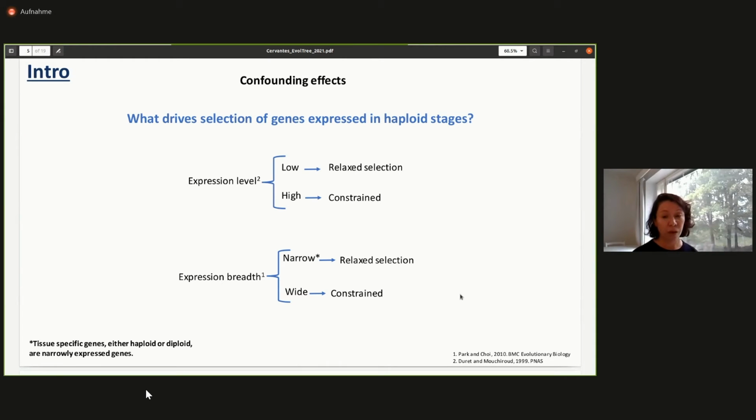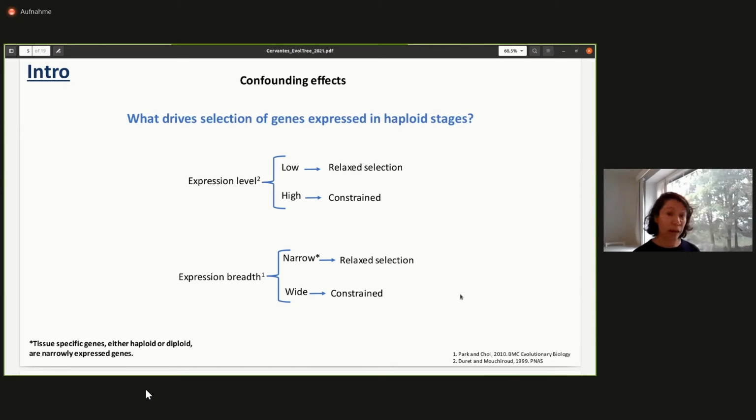We know that genes expressed at low levels are under more relaxed selection compared to genes with higher levels of expression. We also know that genes that are widely expressed, that have a wider breadth of expression, like housekeeping genes, are more constrained than genes that are expressed narrowly, like tissue-specific genes.